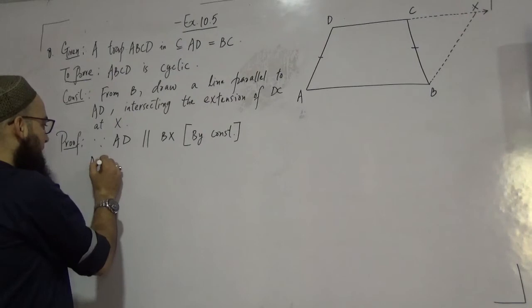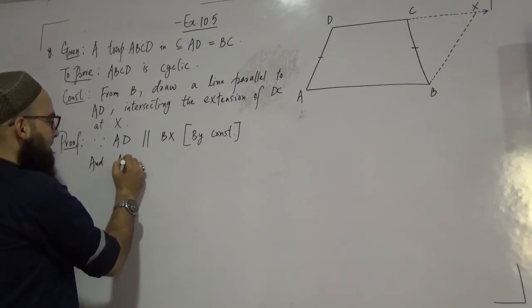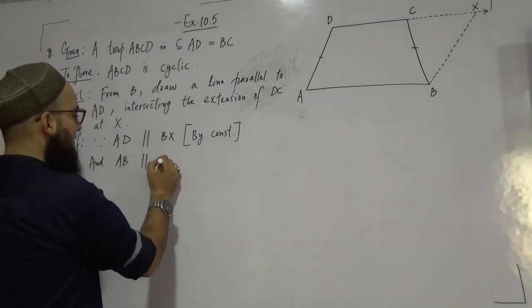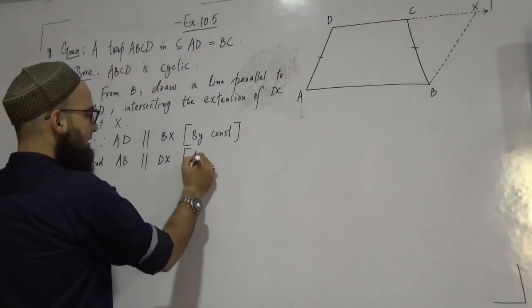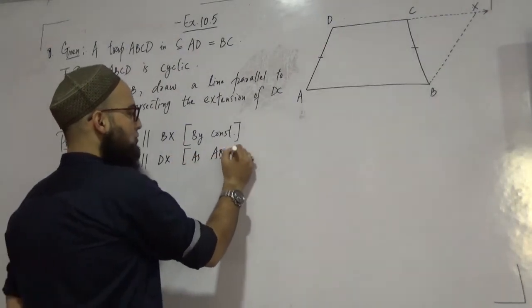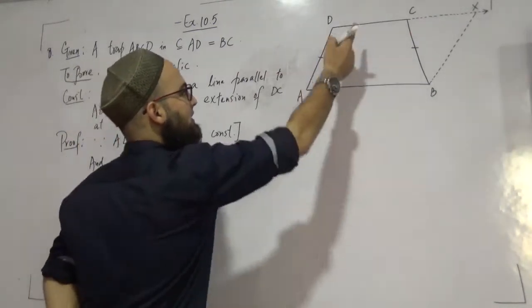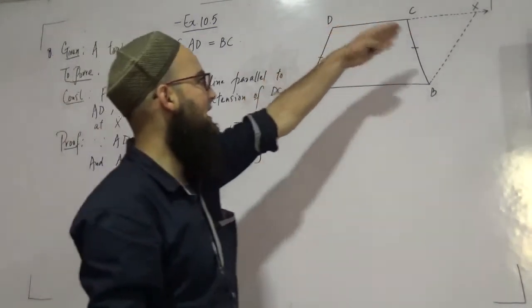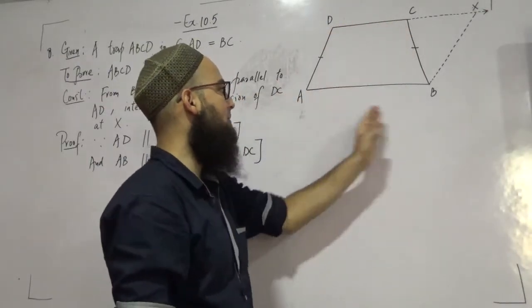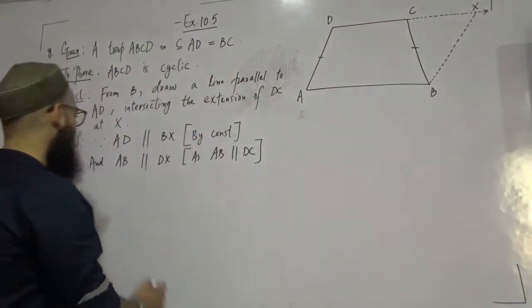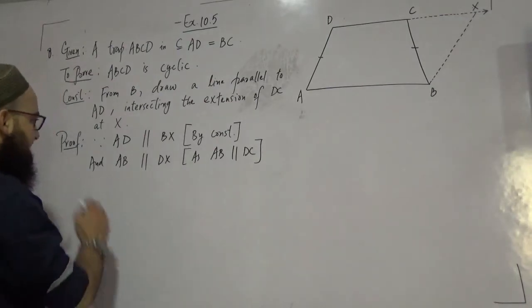And AB is parallel to DX, as AB is parallel to DC because it's a trapezium, and DX is nothing but the extension of DC. So AB will be parallel to DX as well.